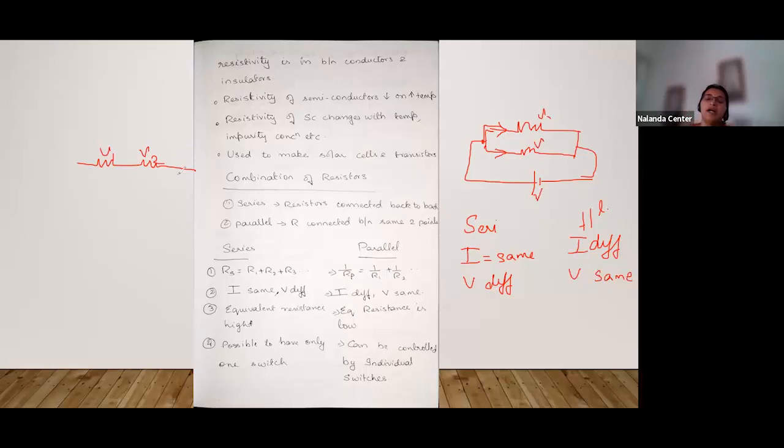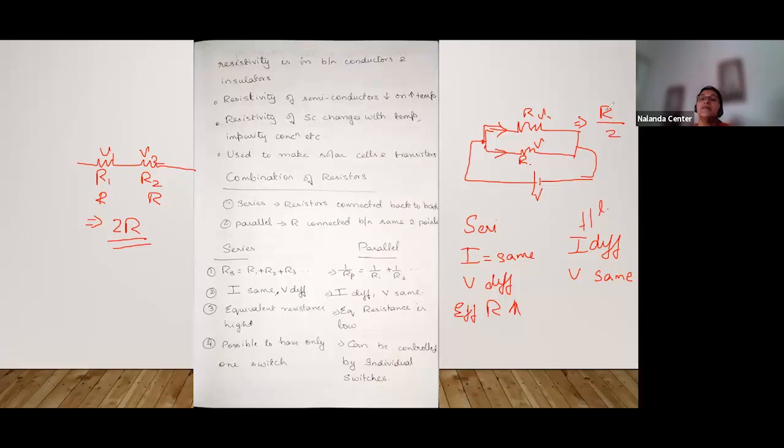In this particular case, in series, the effective resistance is higher. Say this is R and this is R. The effective resistance is going to be 2R. In the parallel case, say this is R and this is R. The effective resistance is going to be R by 2.